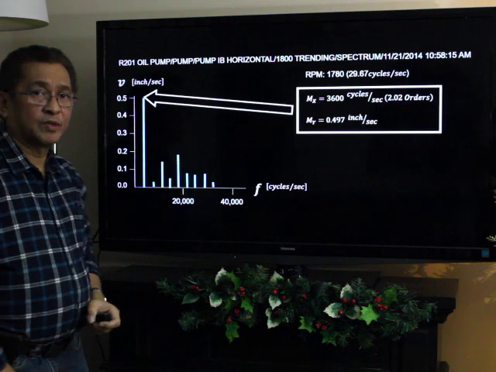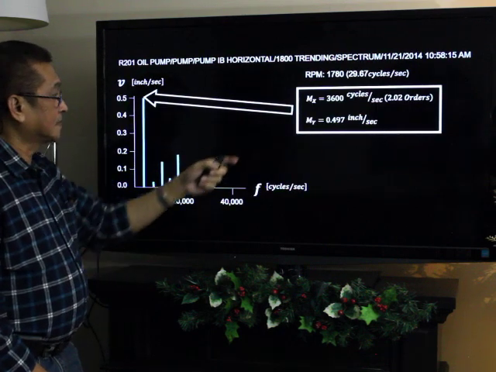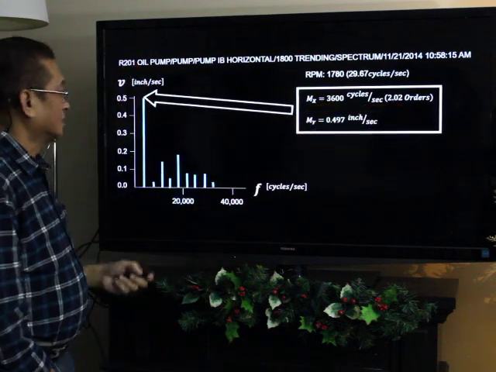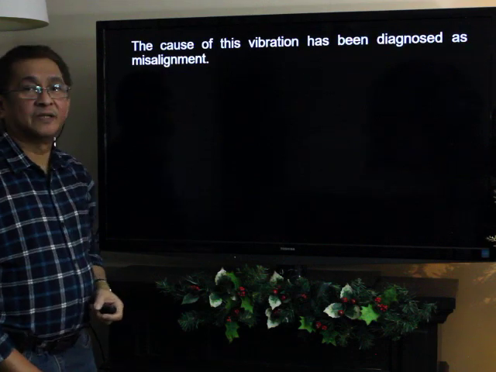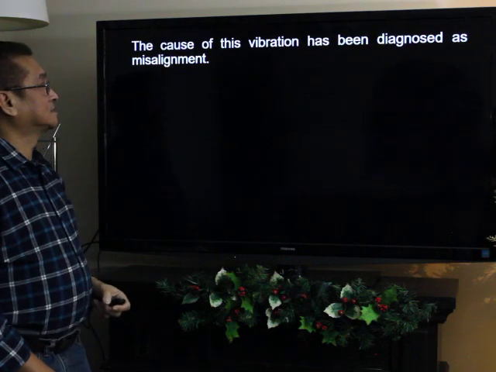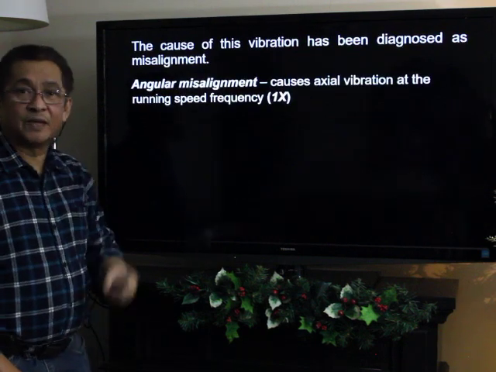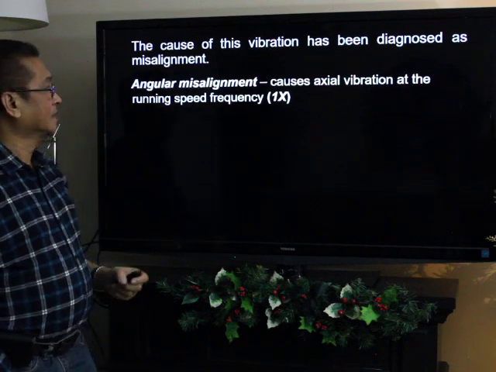So what would be the cause of this? So the analysis shows that it occurs at 2.02 orders. The cause of the vibration has been diagnosed as misalignment. And there are 2 types of misalignment: angular misalignment and parallel misalignment.